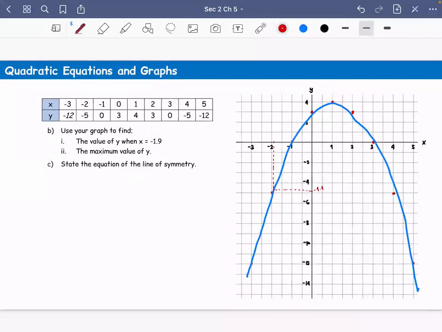So that's for letter B, number 1. When x is -1.9, y is equal to -4.4. That's your answer. Again, you try to approximate.